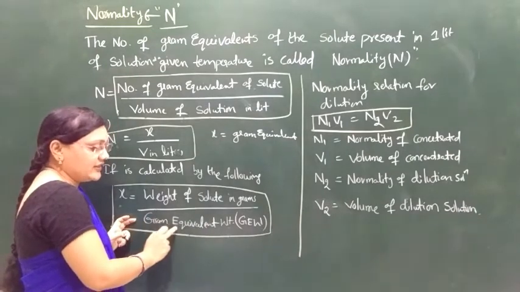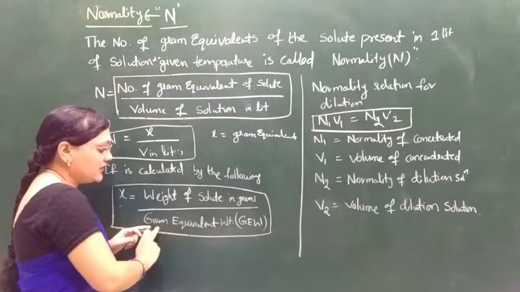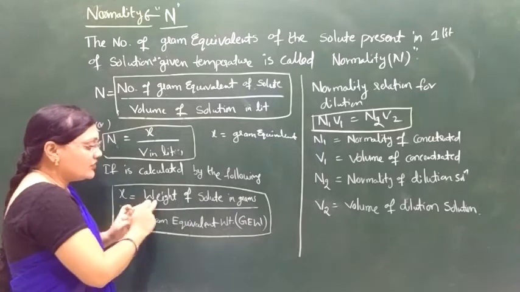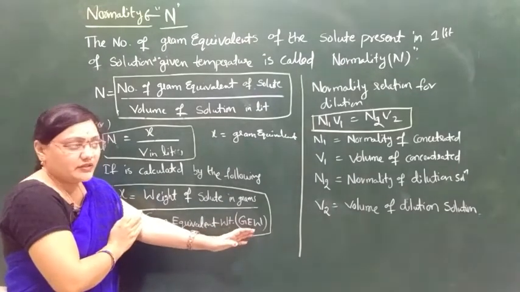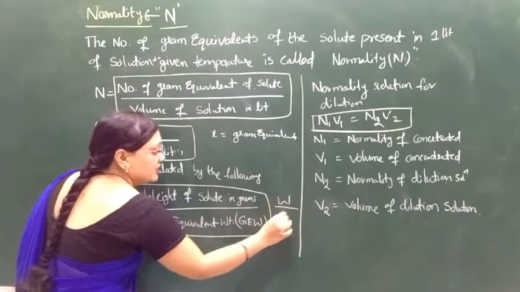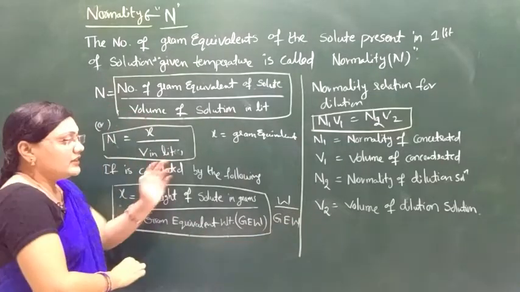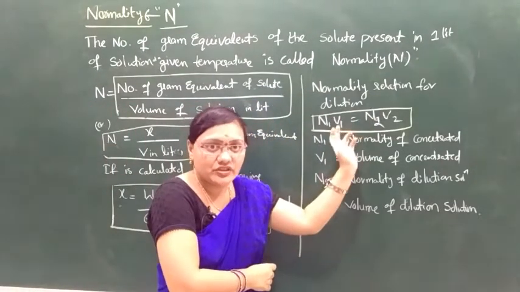Gram equivalent weight is GEW. So X equal to W by GEW.